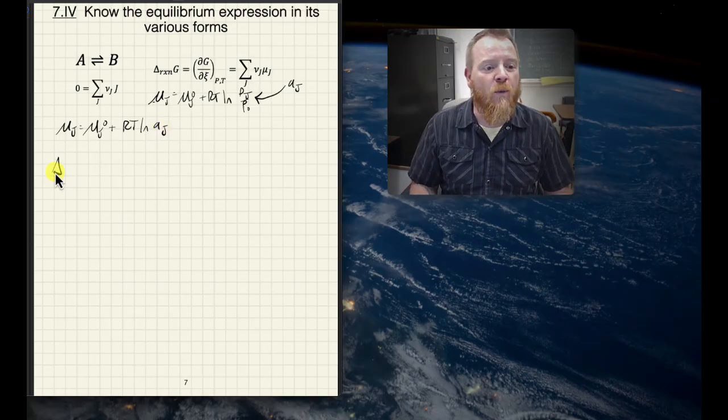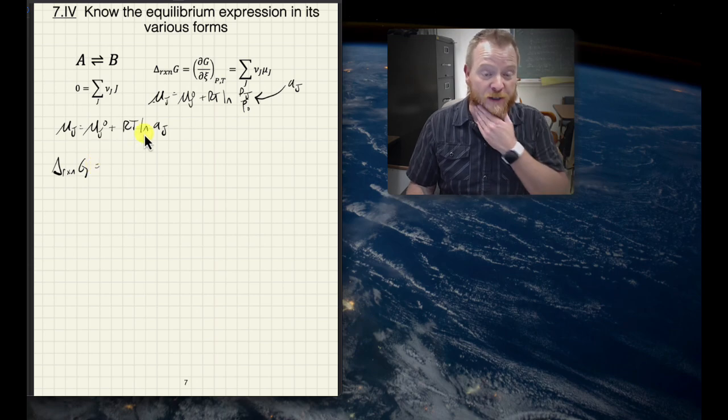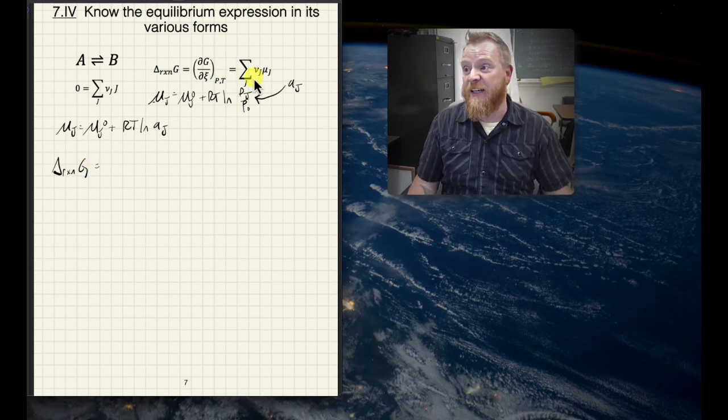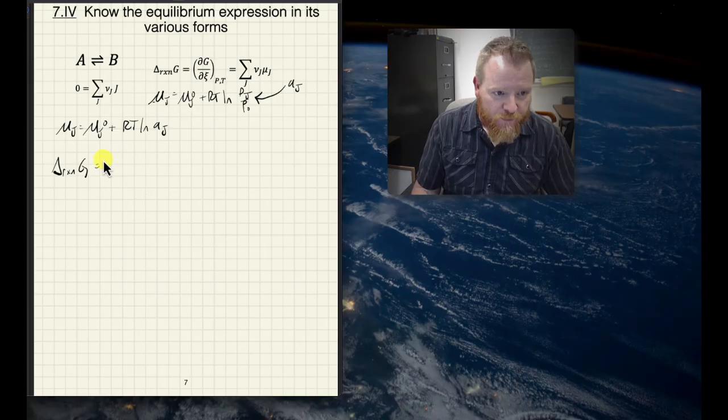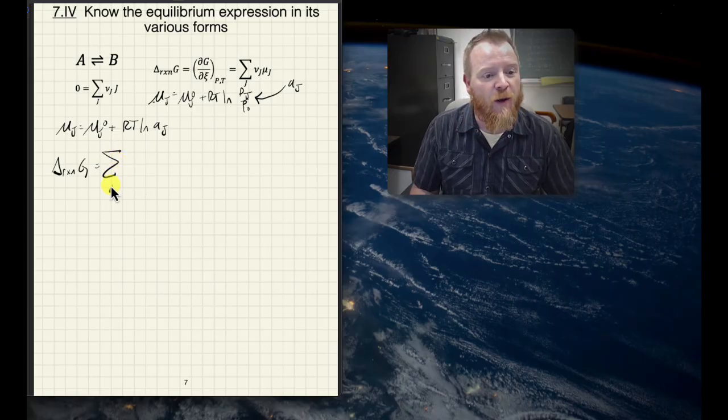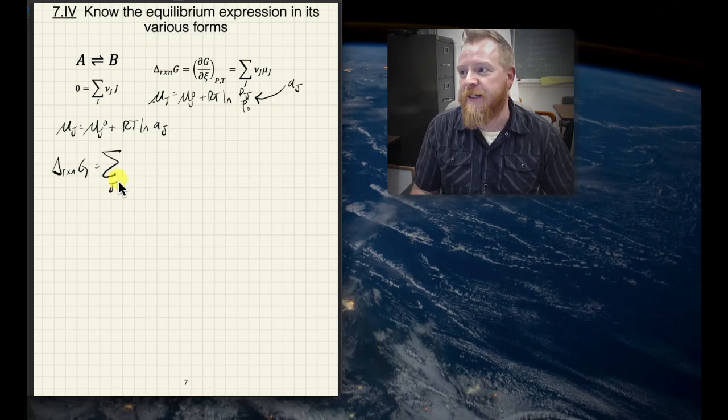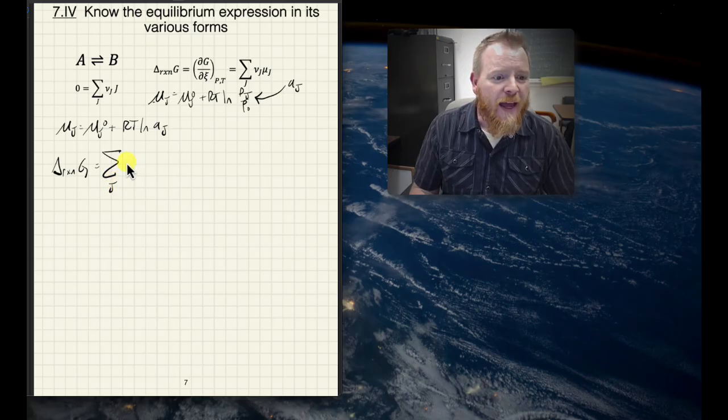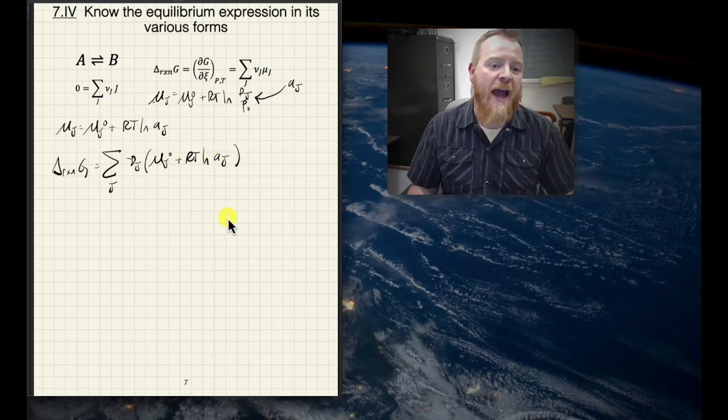So now when we put that in this sum to compute the free energy of the reaction, including times its stoichiometric coefficient, we come up with the following. So I've got a sum here that will sum over all chemical species J. And now I'll just write that as nu J times this whole quantity, nu J standard, plus RT natural log of the activity.